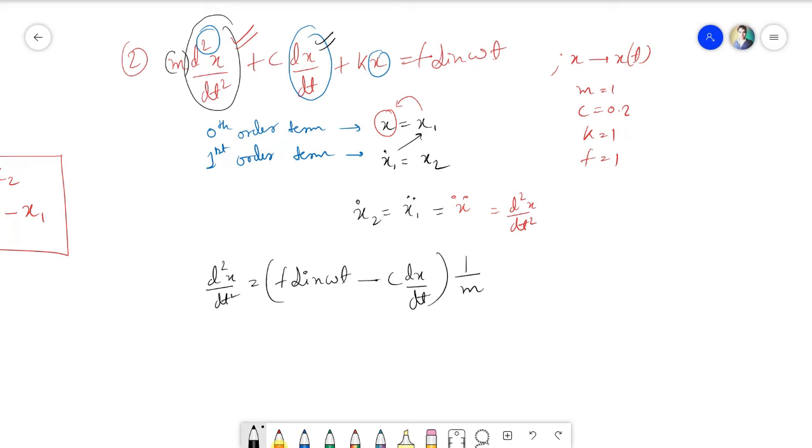Now we will replace what we have found. This x1 dot, we got x1 dot equals to x2. So that will be this dx by dt is equal to x2, and this is x2 dot. So we will write the state space form like this.